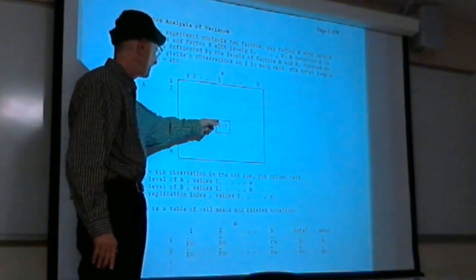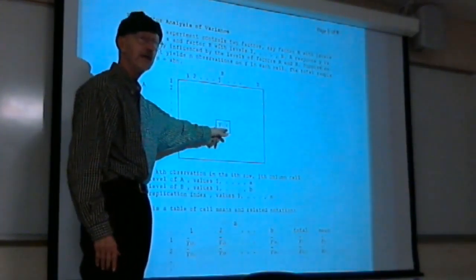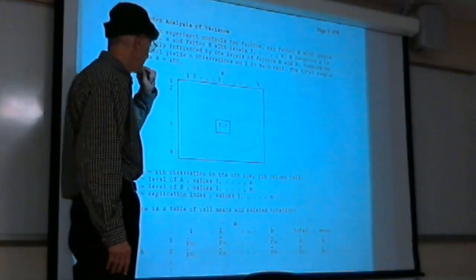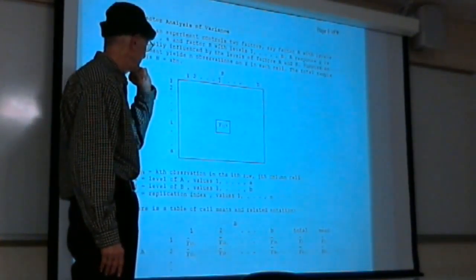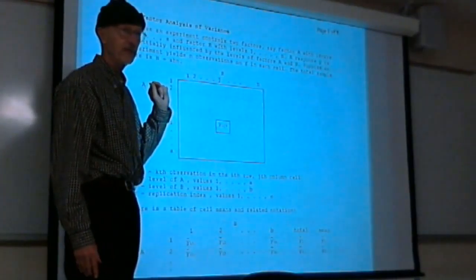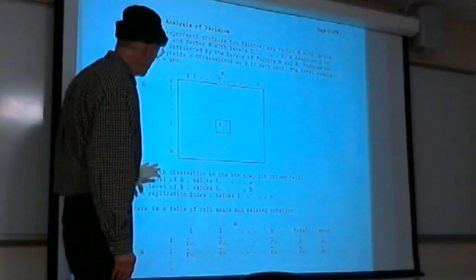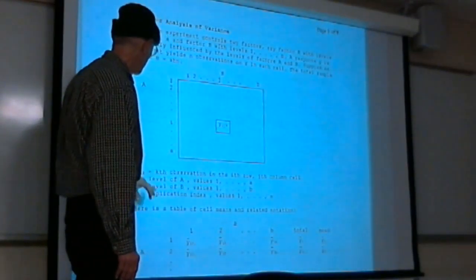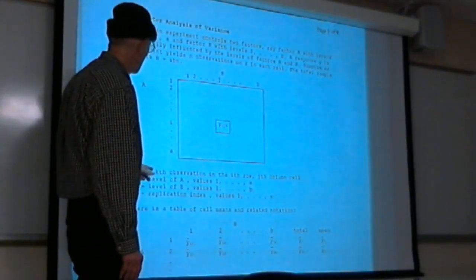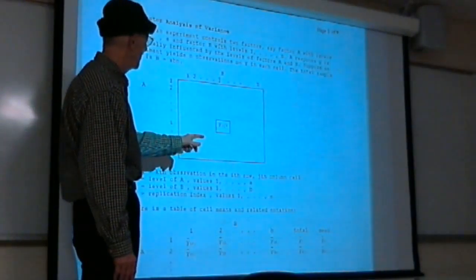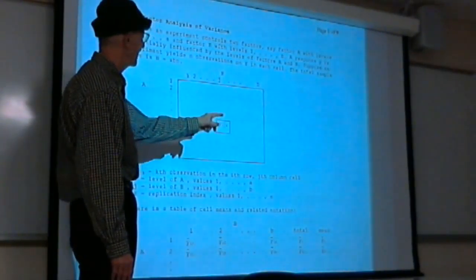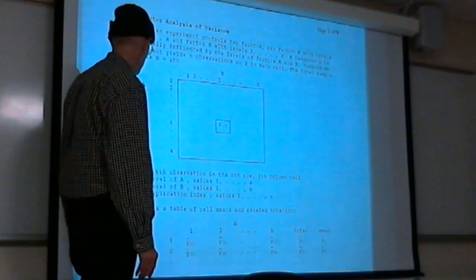And so then the K subscript would run 1 through 10. So we're going to get data that's described by 3 subscripts to keep things straight. So here's the description of what I just said. Y, I, J, K is the kth observation in the ith row, jth column cell.